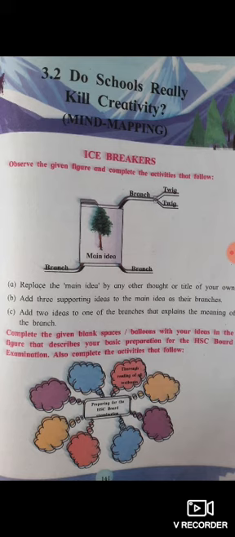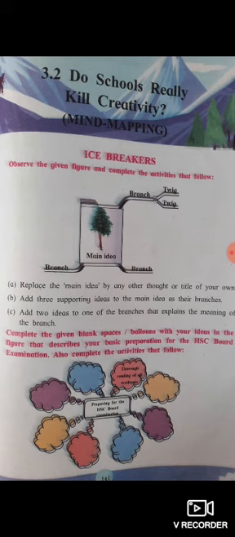So further, the question is: replace the main idea by any other thought or title of your own. It means that you have to replace that main idea with another thought of your own. You must think of some other idea.